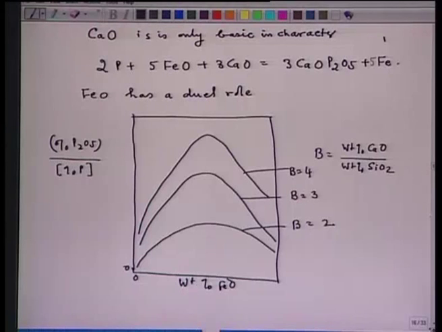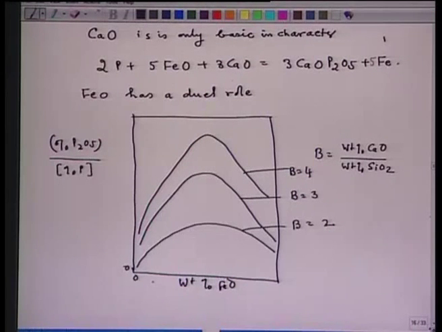First, it indicates that as weight percent FeO increases, the dephosphorization index increases, reaches a maximum value, and after the maximum value, further increase in FeO decreases the dephosphorization index. Now, this particular observation is valid for all basicities of slag. What does it mean?